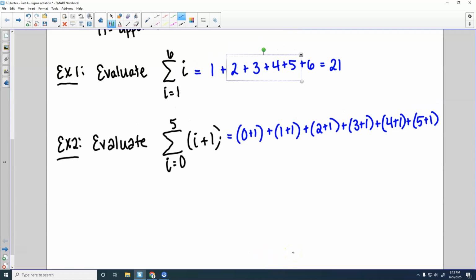And so you'll notice here that if I do what's in those parentheses, I just get 1 plus 2 plus 3 plus 4 plus 5 plus 6, which also gives me 21.